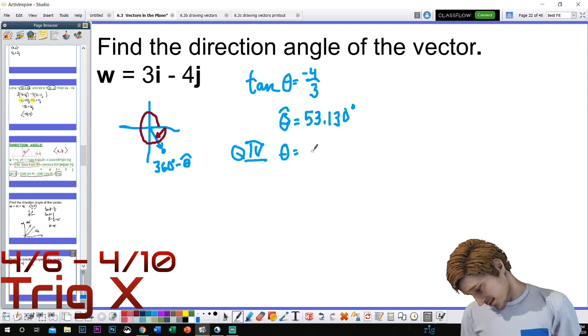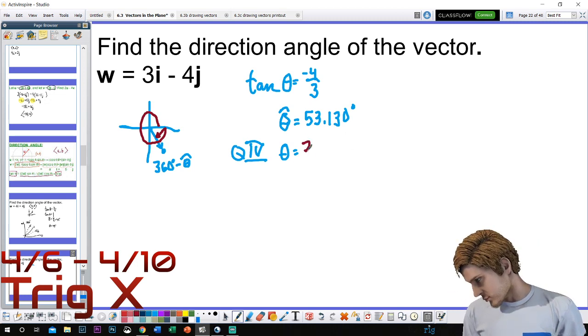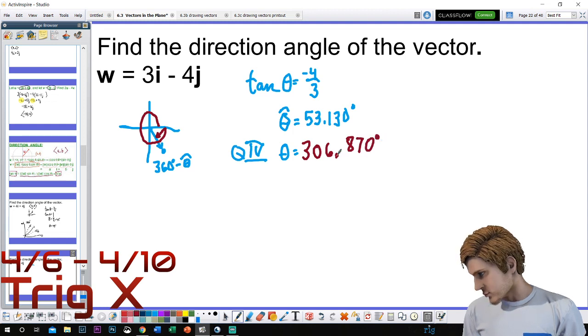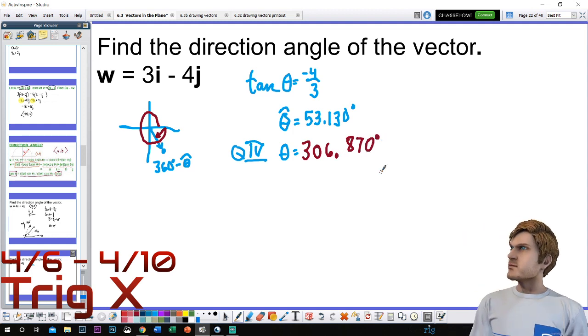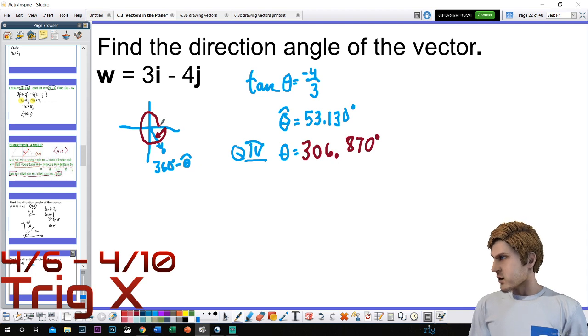And when I do that, I get 306.870 degrees. And that's it. That's my direction angle. And let's see that that makes sense. If I went from here all the way to there, that would be 270 degrees. If I went all the way to there, that would be 360. So it's got to be somewhere between 270 and 360, which it is.